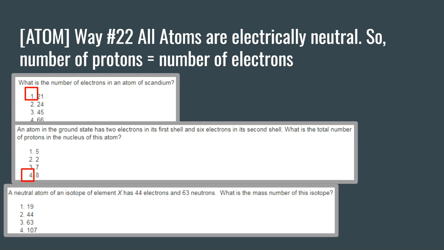A neutral atom of an isotope of element X has 44 electrons and 63 neutrons. What is the mass number of this isotope? So this requires use of this problem as well as previous ideas regarding the mass of this element.